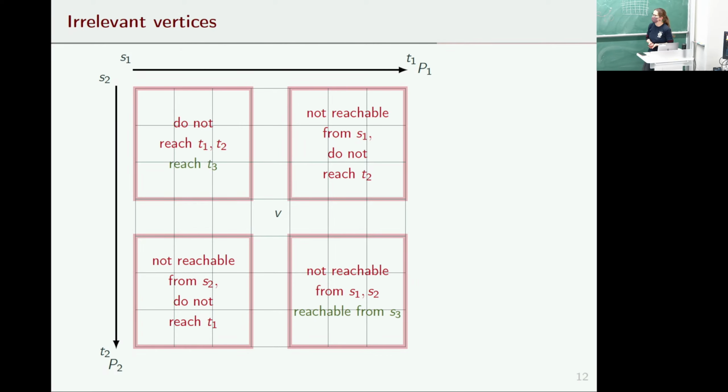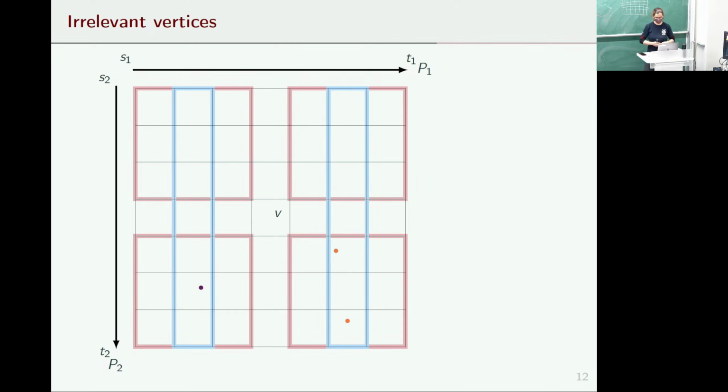And now we look at columns, one on the right, one on the left, of V, and select vertices alternatingly from the 2 sides of this one column I fix. So I fix the column to the left and the column to the right, and now from the lower quadrants, I take an orange vertex on the right side of V, here, so lying on P1 after V, and then here lying on P1 before V, and then again from the right, and so on.